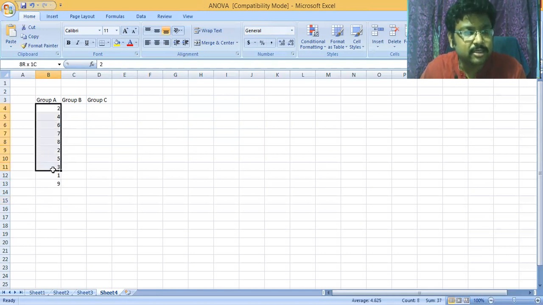If you count these numbers, there are 10 numbers.